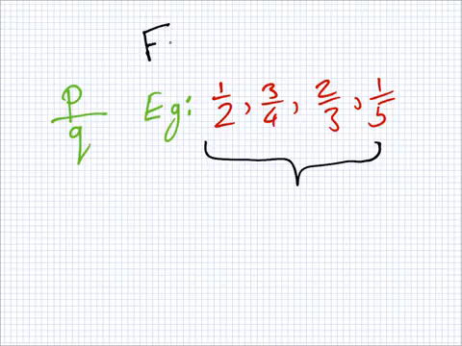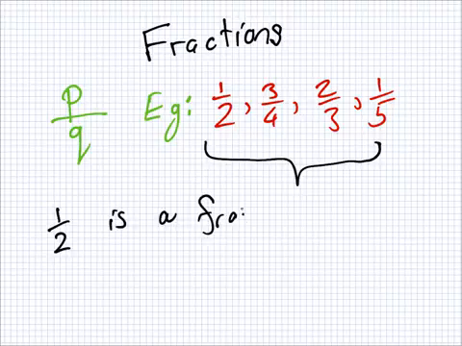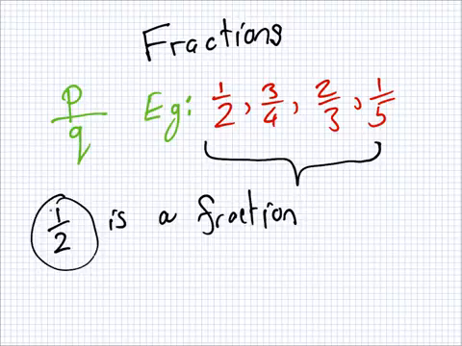They're called fractions. These are called fractions. So like, this is a fraction. 0.1 is a fraction? No, 0.1 is a... Does anyone know?